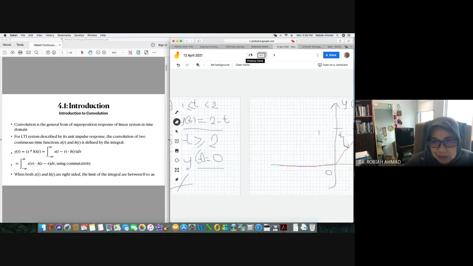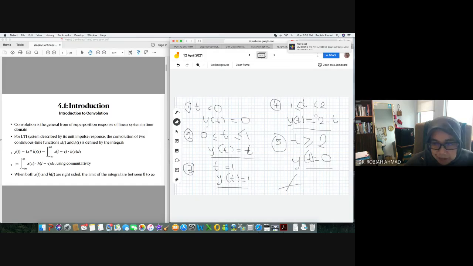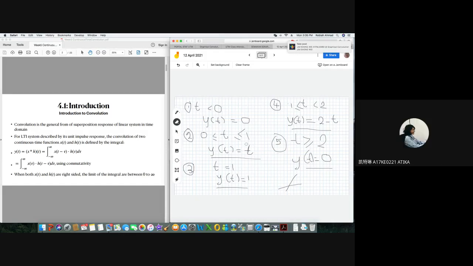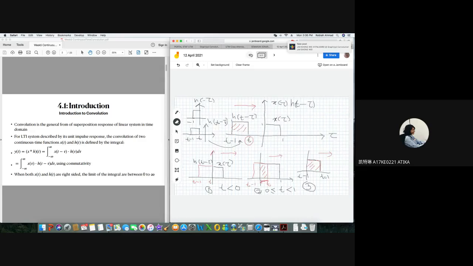And when we understand the cases, then we put in the equations. So it means the movement for each case depends on the overlapping area.